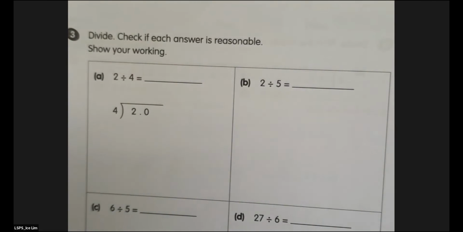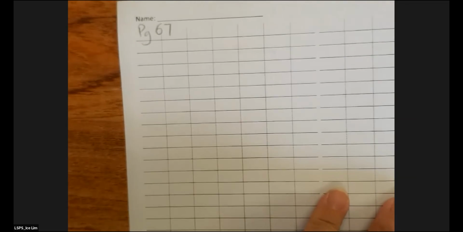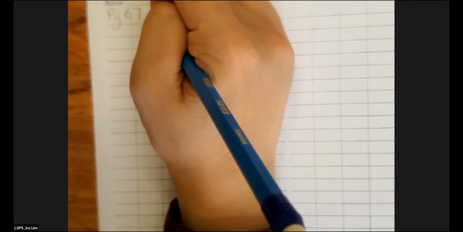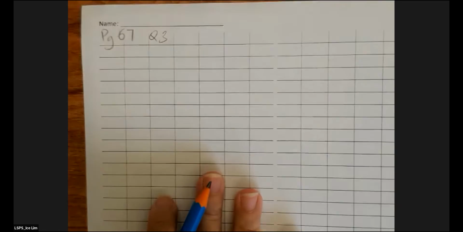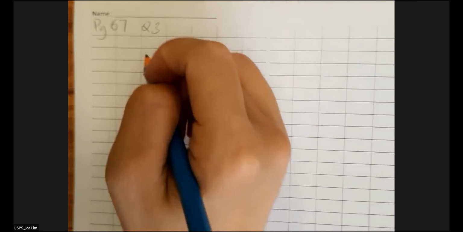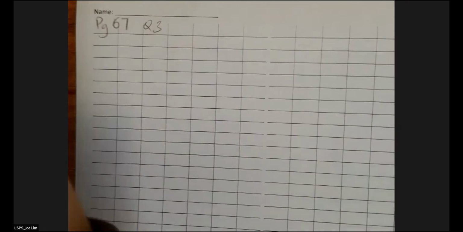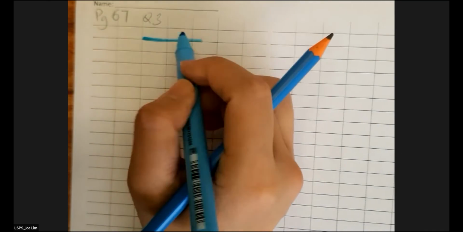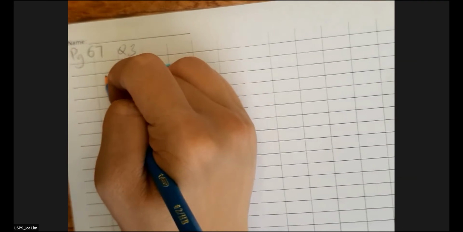So I'm looking between whole numbers, fractions and decimals. So right now, I have page 67, looking at question 3. I have, say, 2 pizzas or 2 chocolates. I share the 2 chocolates with 4 people.